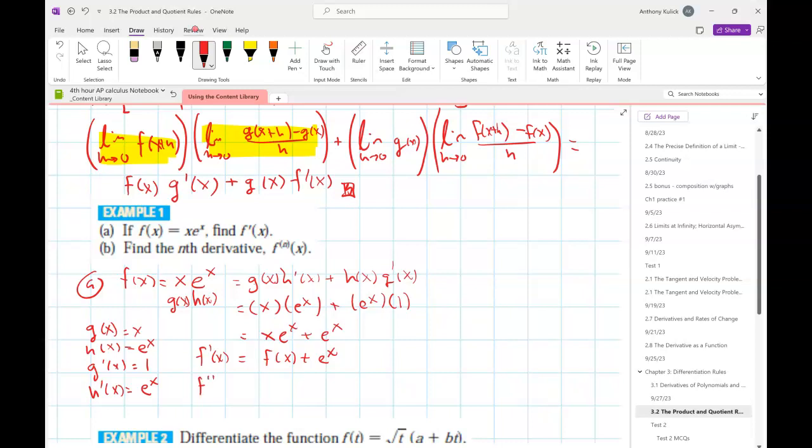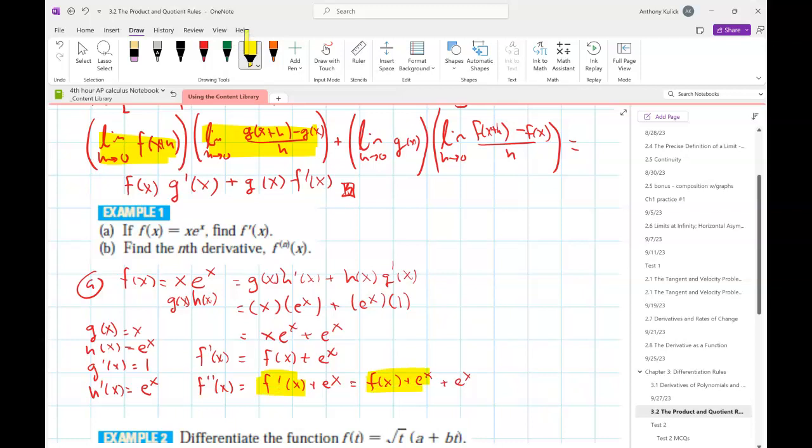What do you think the second derivative is going to be? The derivative of f of x plus e to the x. Great. And what's the derivative of f of x? Well, let's write it that way, just f of x plus e to the x, right?